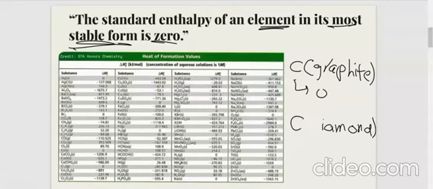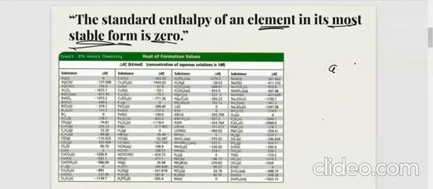Now let me erase. You might ask, why does liquid water, which is right here, have a standard enthalpy of formation of negative 285.83 kilojoules? Doesn't it exist in nature as liquid?